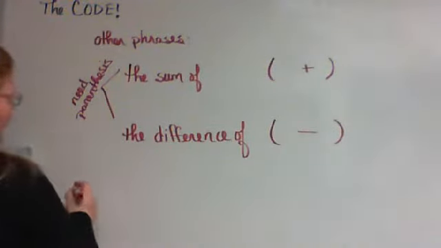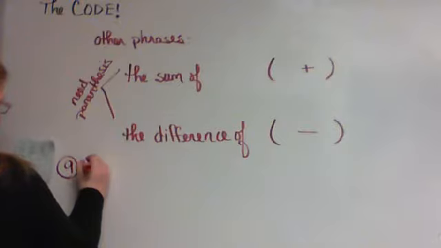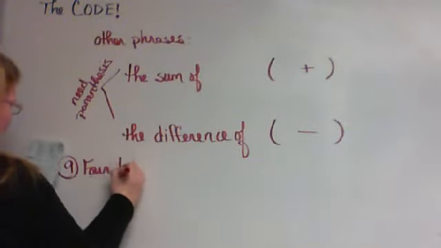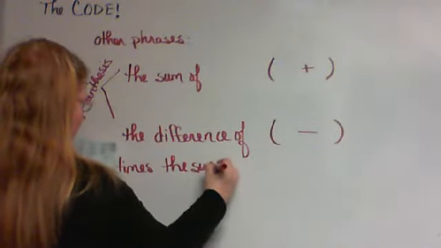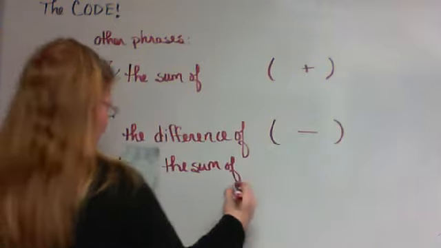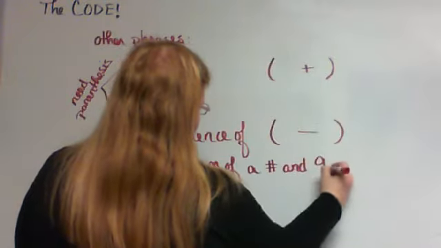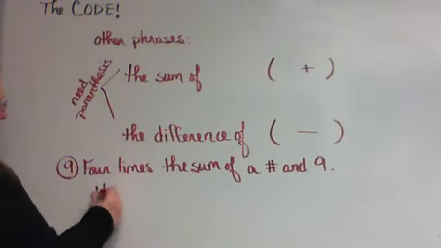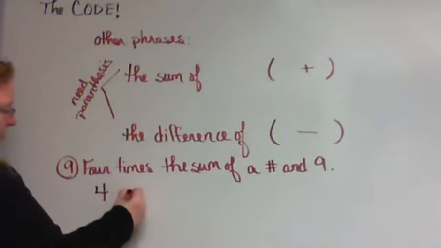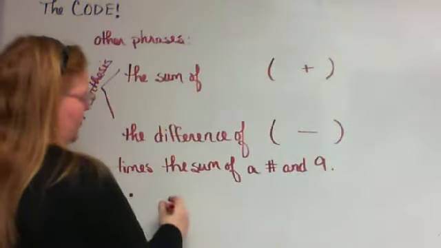So let's look at problem number 9. Problem number 9 says 4 times the sum of a number and 9. Well, we already said that the 4 is going to be a 4. Times we know is multiplication. The sum of tells me I need some parentheses with a plus in it.